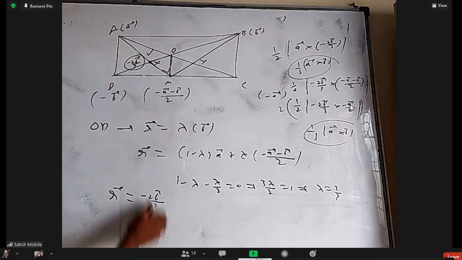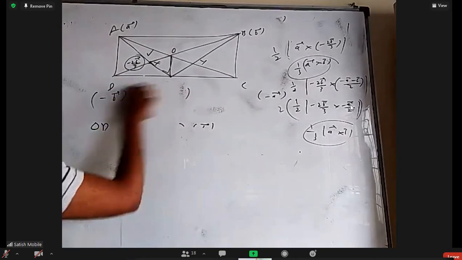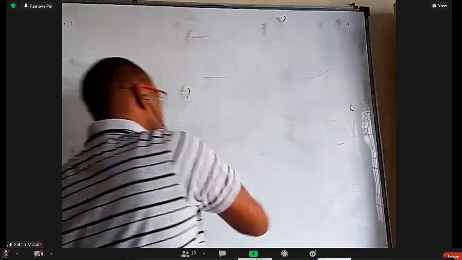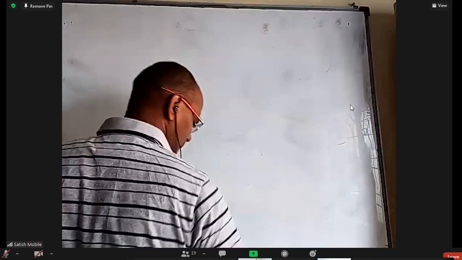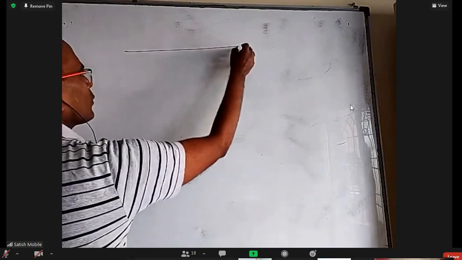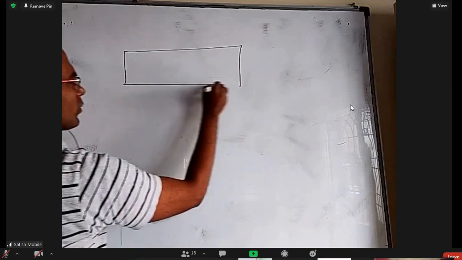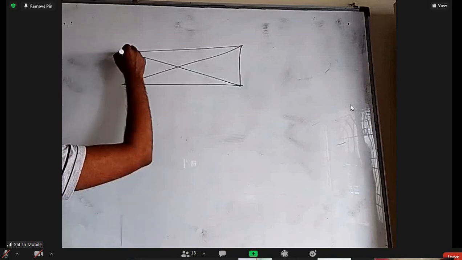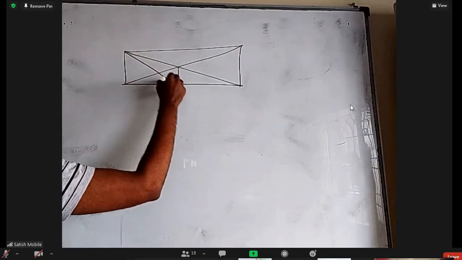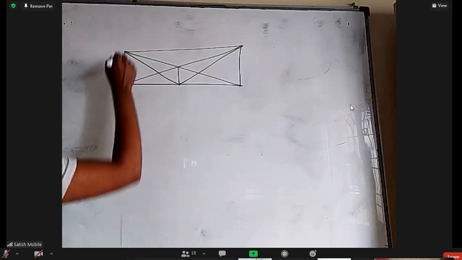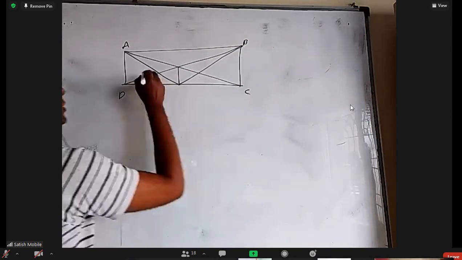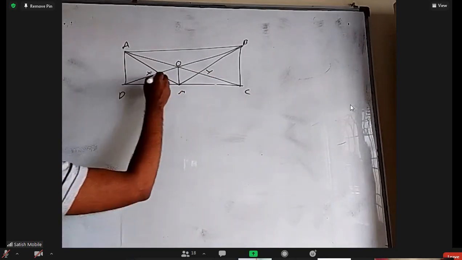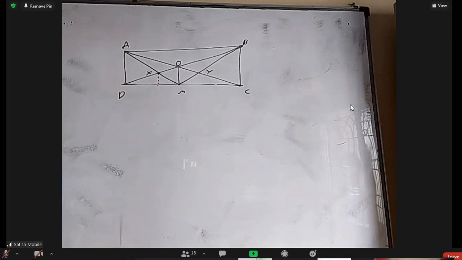Let us see, can we do it by pure geometry? This is D, this is A, this is B, this is C, this is X, this is Y, this is M. Through this point, I want to draw a vertical line.